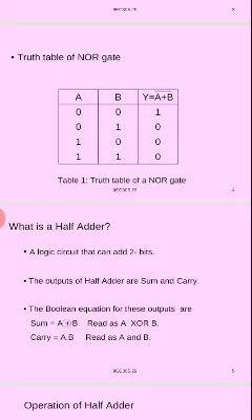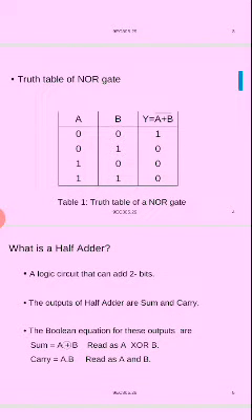The NOR gate is the complement of the OR gate. The NOR gate output is opposite to the OR gate output.